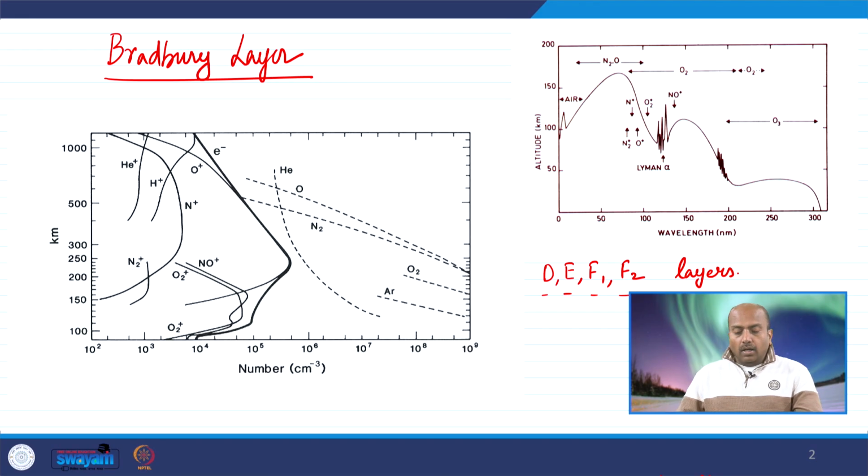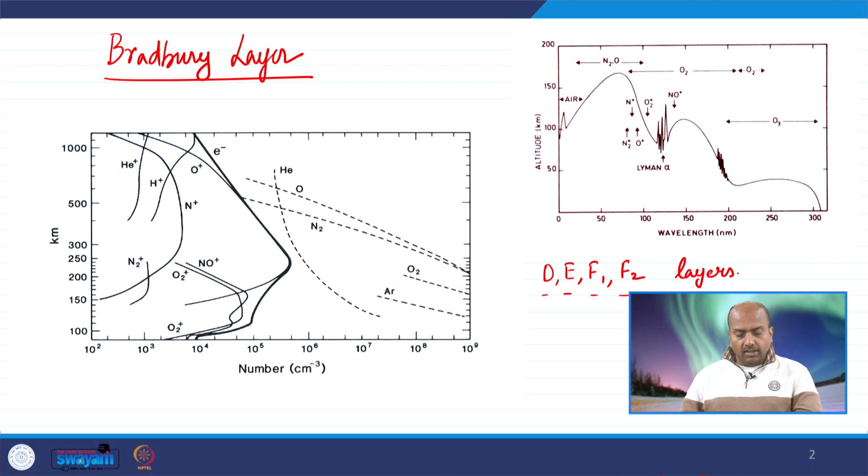Now, in our earlier discussions, we have clearly seen what these 4 layers are. Why do we need to call them layers, or what is the distinction between them? Why can't we call the entire ionosphere a single layer?